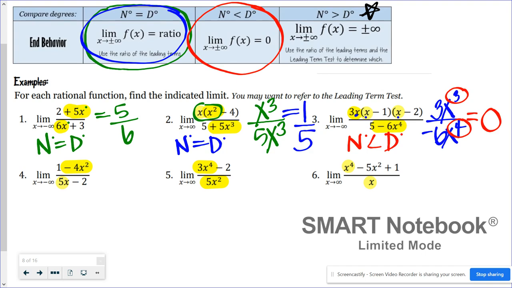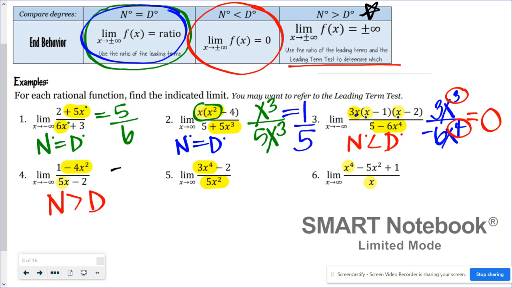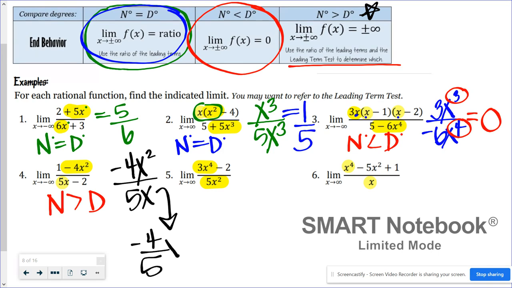In problem number 4, on top I have negative 4x squared. On the bottom I have 5x. So the degree of the numerator is greater than the degree of the denominator. This is where I need to use that leading term test. So I'm going to write out my ratio. My ratio is negative 4x squared from the top, and on the bottom I have 5x. And then I'm going to simplify it. Okay, so negative 4/5 doesn't change, and then x squared over x is x.